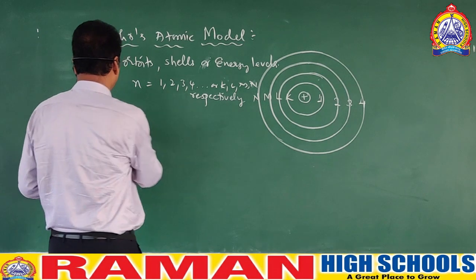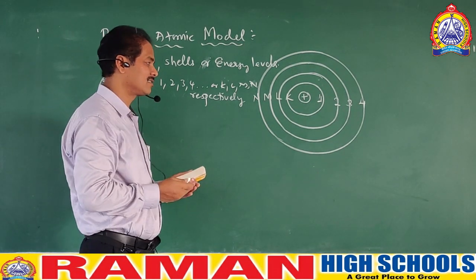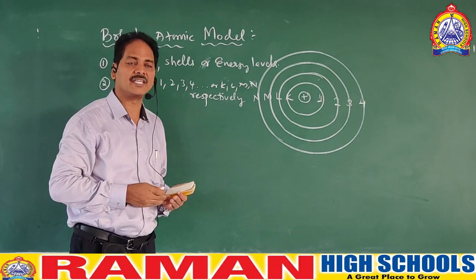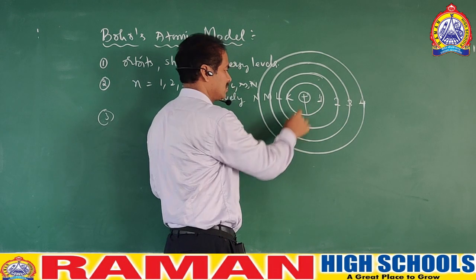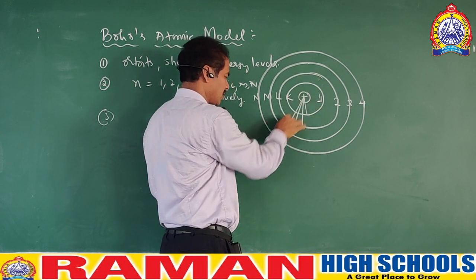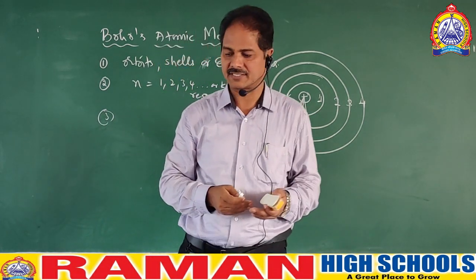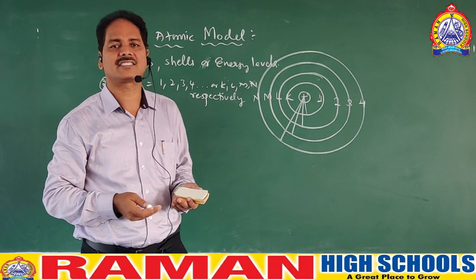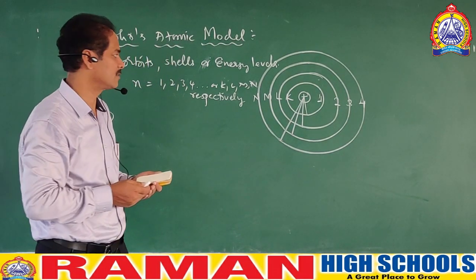And if you see, as the number of orbits increases, the size of the orbits increases. The first orbit size is this much, the second orbit size is this much, the third orbit is up to here, the fourth orbit is up to here. As the number increases, the size increases. As the size increases, the energy associated with the orbits also increases.